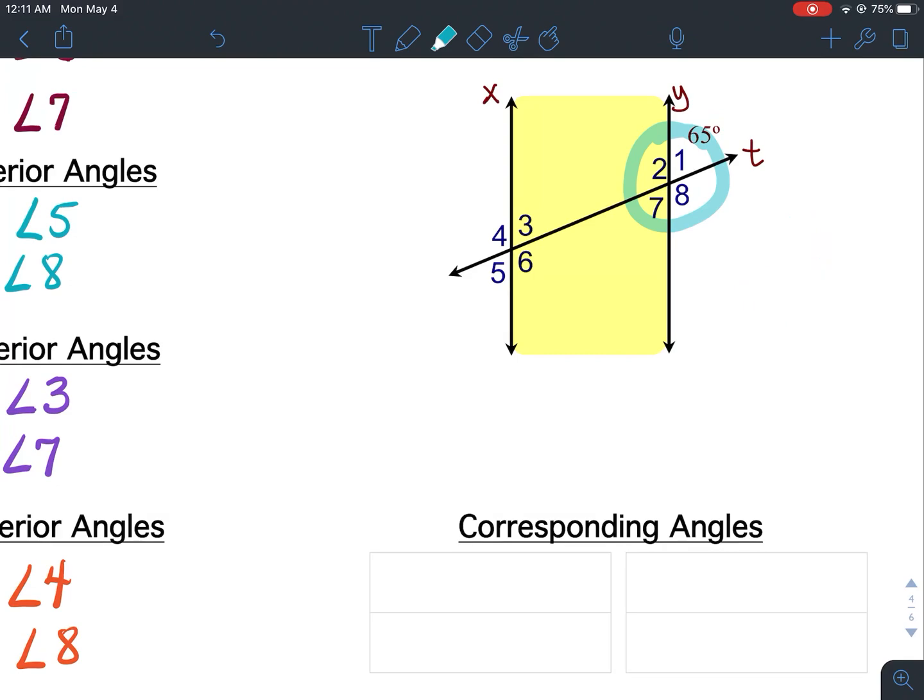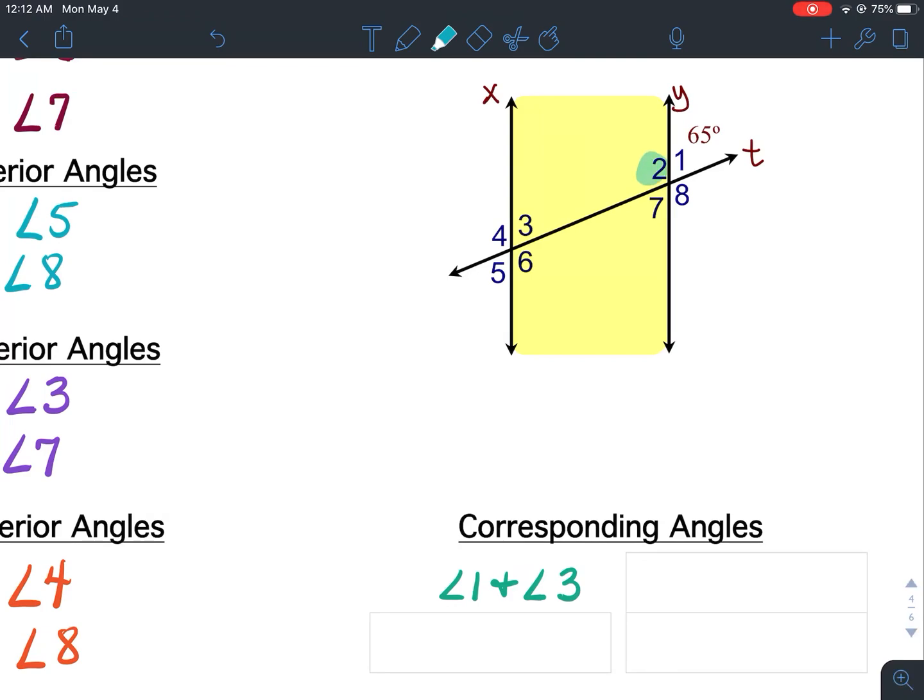Well, down here, the top right angle is angle 3. So angles 1 and 3 are corresponding angles. Angle 1 is exterior, angle 3 is interior, and they're on the same side and not adjacent.